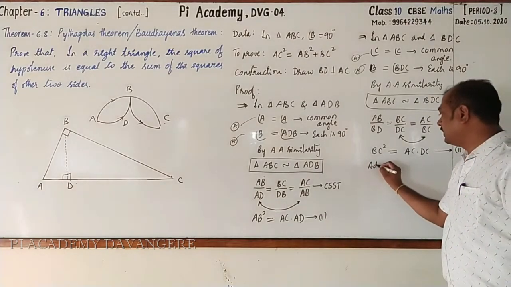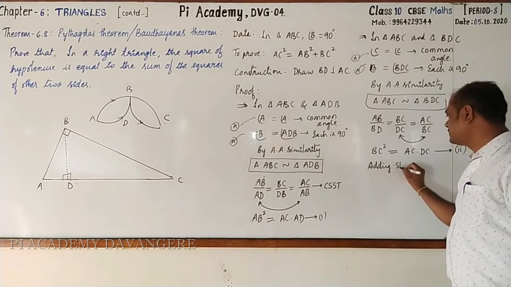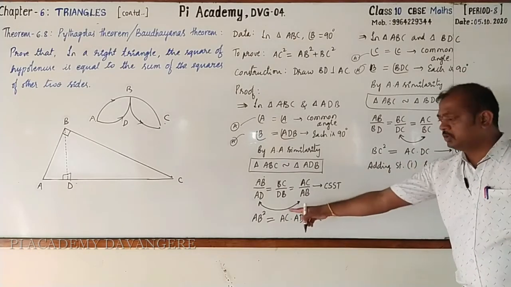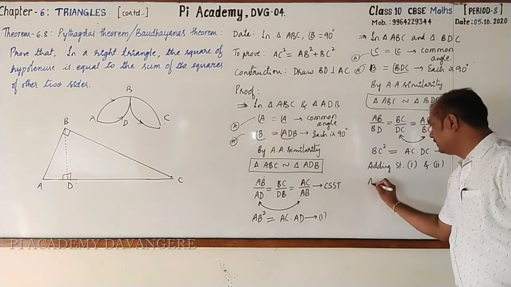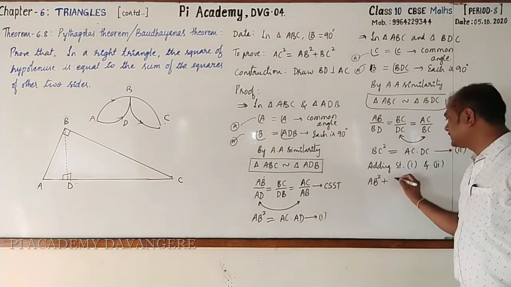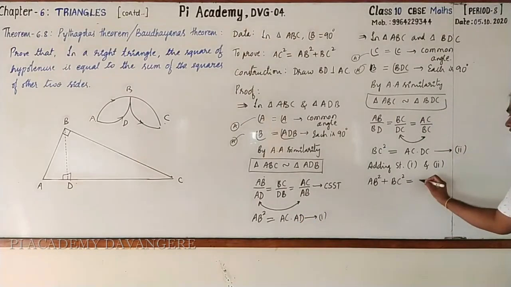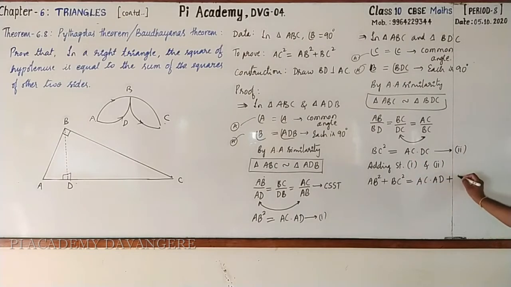Here I will write adding statement 1 and statement 2. LHS part, AB square plus BC square is equal to RHS part, AC into AD plus AC into DC.